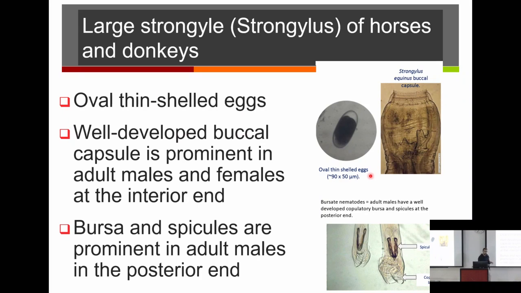In the female, you will not see the spicules and bursa. You will see the female sex organs on the posterior part, that is, you will see the vulva or vagina or the eggs in the uterus. So that is the difference between male and female at the posterior end.